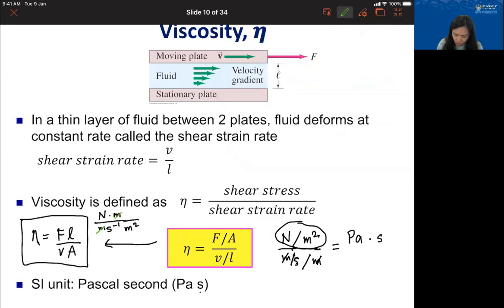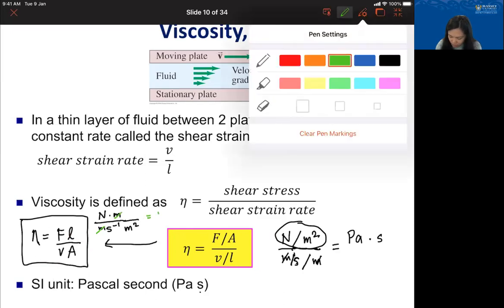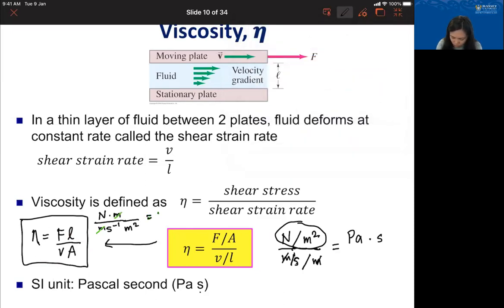Then you have newton divided by meter squared, which is pascals. And then you have this second to the -1 here, so that will go up. So it's pascals times seconds. That's why it looks like a strange unit. It's pascals times seconds for the unit of viscosity.